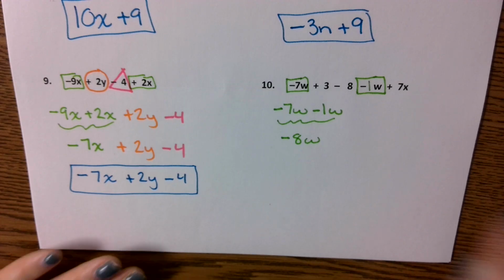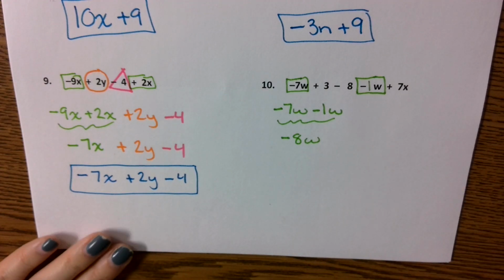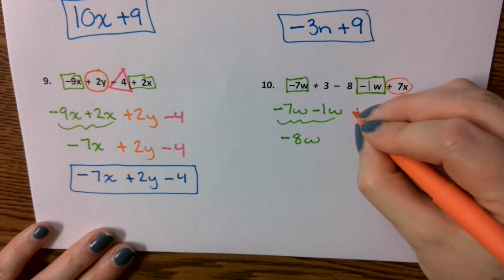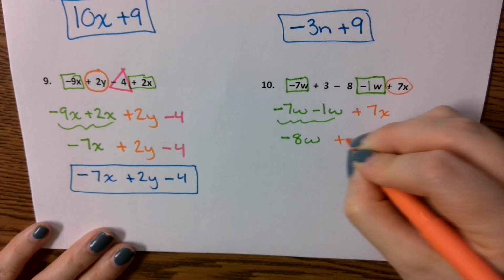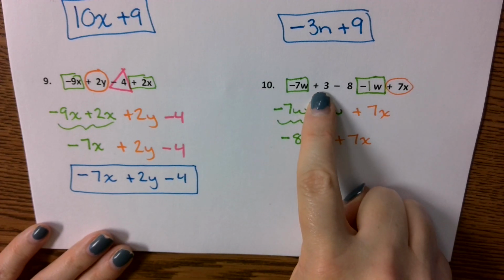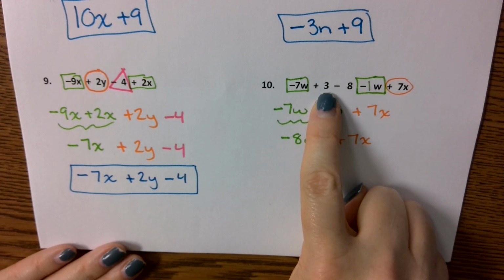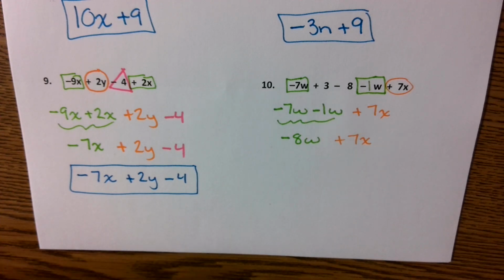Do we have any like terms with our 7x? No. We have no like terms with that 7x, so it's just going to stay 7x. Do we have any like terms with the positive 3? Yes, right? Because positive 3 is just a number. Do we have any other just numbers? Yeah.